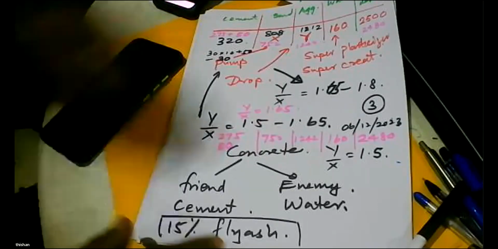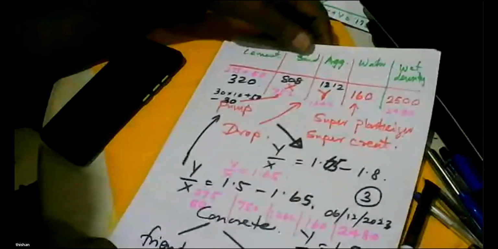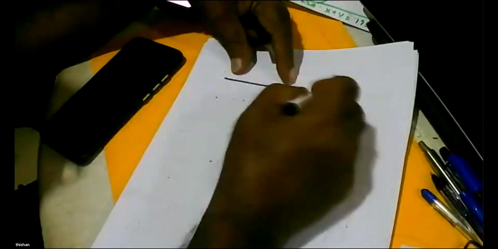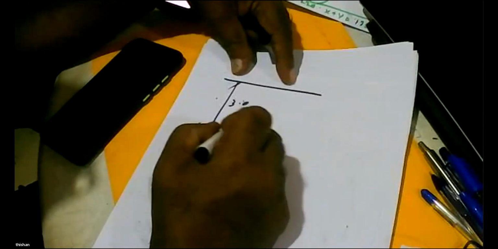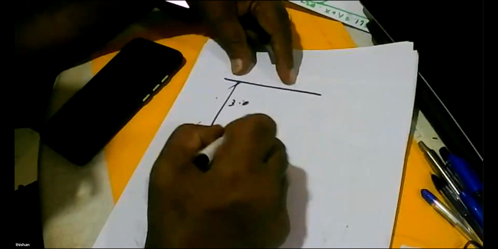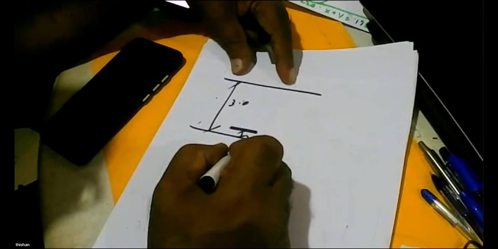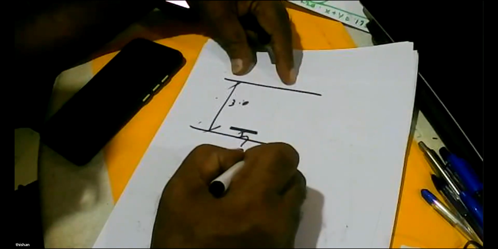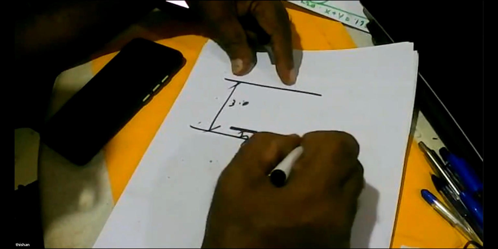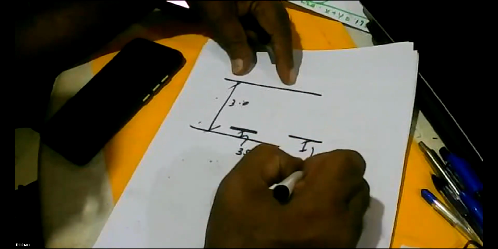How are you going to manage it? Very simple. You have a thick raft, 3 meters thick. On one hand, you can push to the limit and specify 35 millimeter cover. On the other hand, you specify 45 millimeter cover.